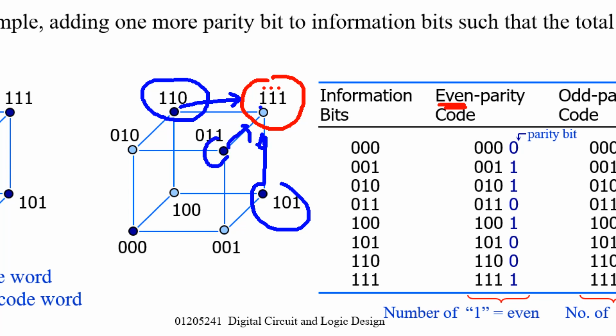There are 3 possible ways, so the receiver cannot decide which bit is in error. So the receiver cannot do correcting by itself, and needs to send a request to the transmitter to send the data again.